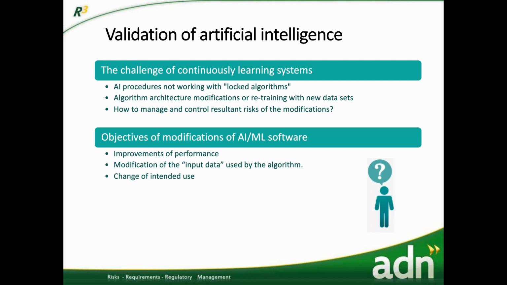But for some kinds of cognitive systems, especially with technologies that are increasing, like deep learning and all kinds of self-learning technologies, there is a lot of modification in algorithm architecture, and also lots of retraining with new datasets provided by the system itself or by new inputs.